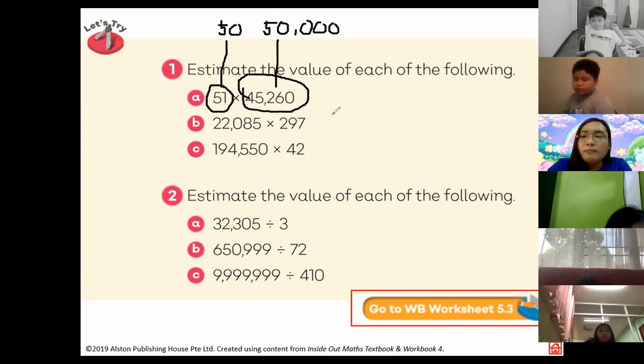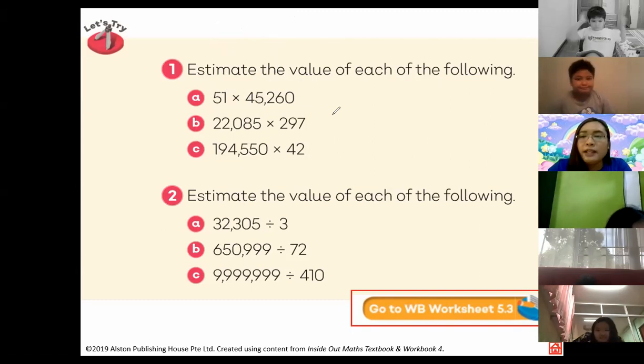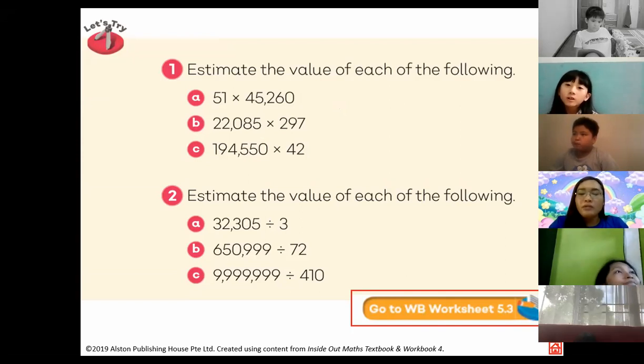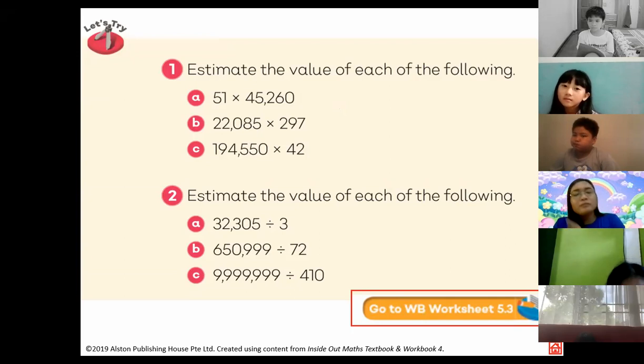Okay, Boom, what's the answer for letter A? 2,500,000.